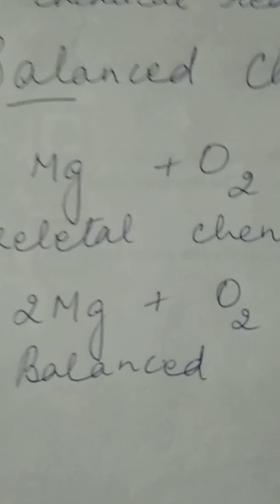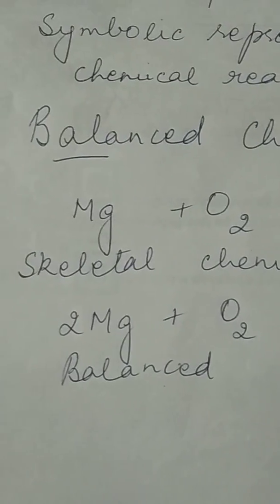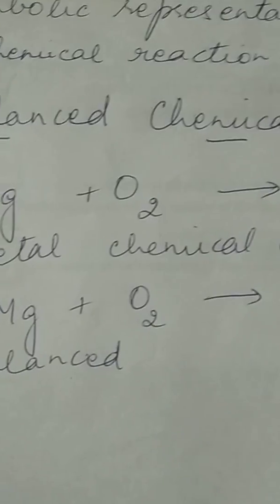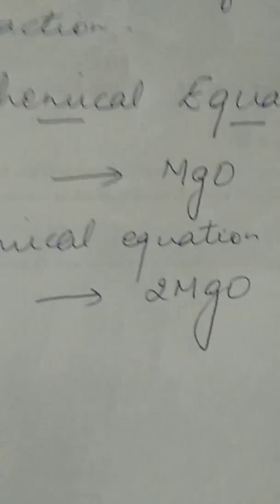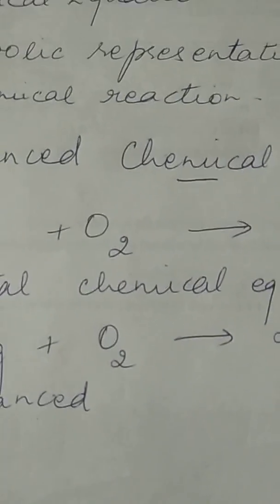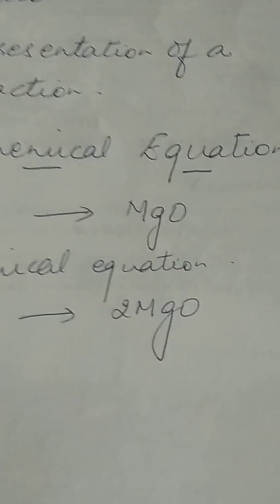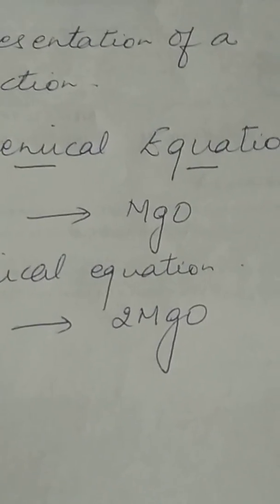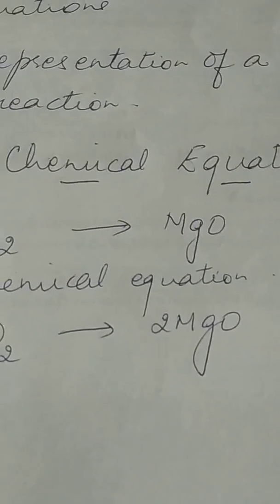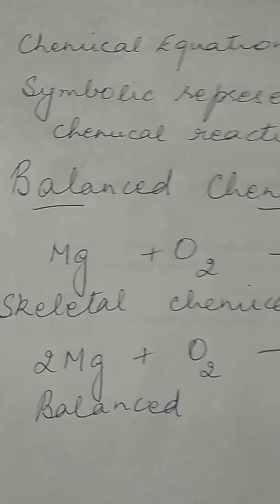Well, children, magnesium is a highly reactive metal, and on the surface, it reacts with atmospheric oxygen and forms a layer of magnesium oxide, but only on the surface. So, we need to remove this layer of magnesium oxide in order to ensure efficient burning of the magnesium ribbon.